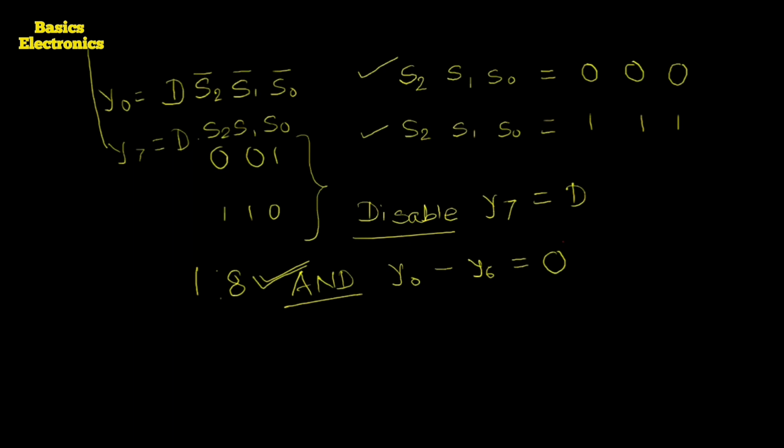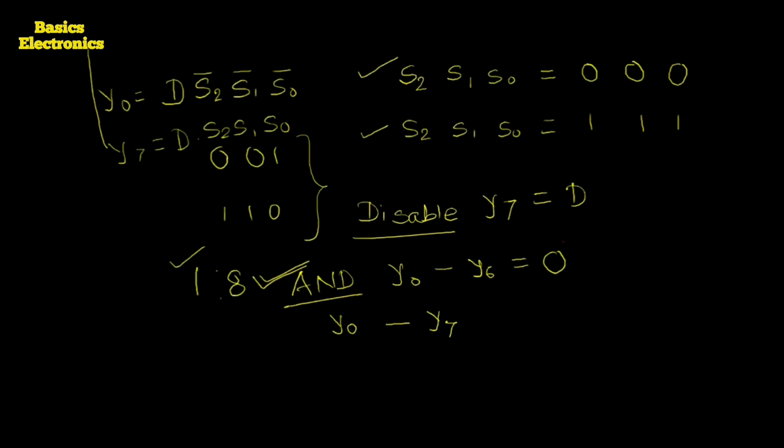The output of each of the AND gates is considered as the actual output. The output of the first AND gate is y0, and the last AND gate output is y7. Then only one data line is there. That data line is common for all of the AND gates. Means the data line should be connected to all AND gates.